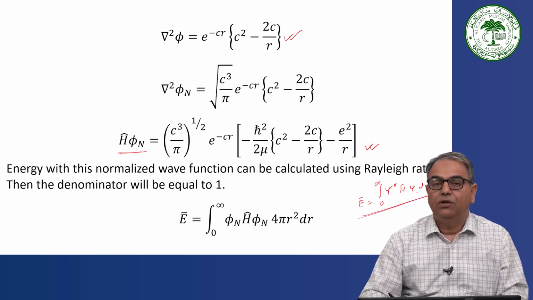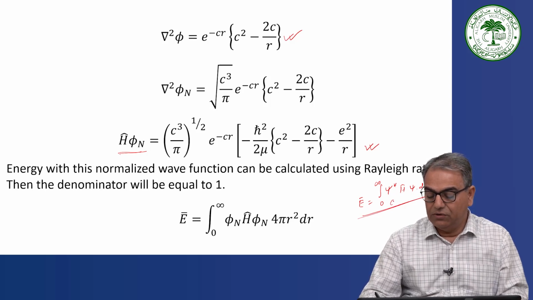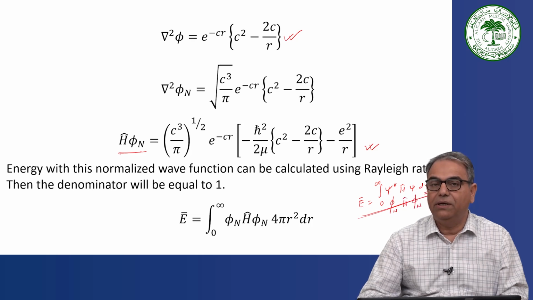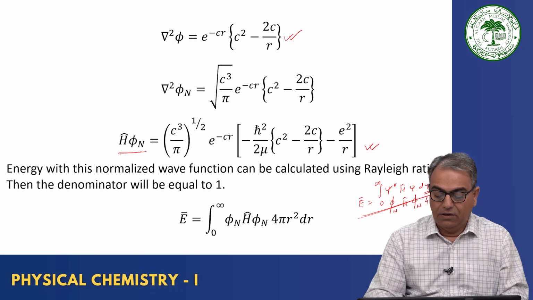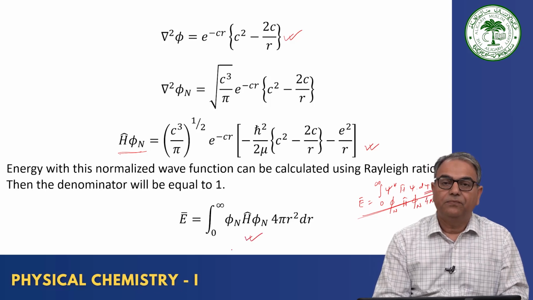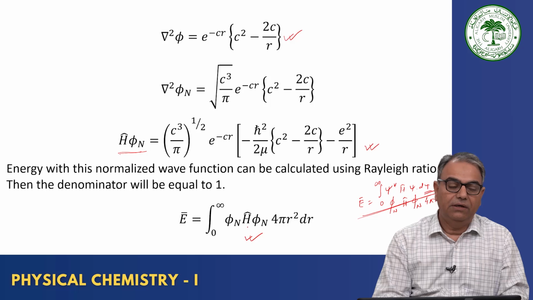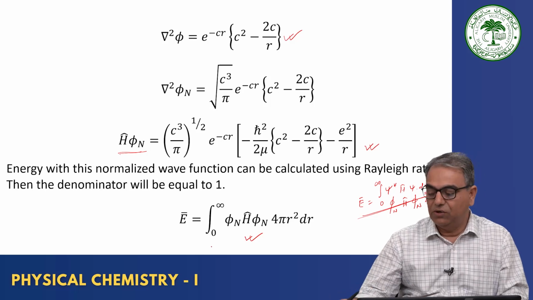This is the numerator of the Rayleigh ratio. So you write this as phi n, you write this as H, you write this as phi n, and your volume element d tau is actually 4 pi r square dr. Okay. So this is what I have written here. This is the numerator of the Rayleigh ratio, which will give you the expectation value of the energy.